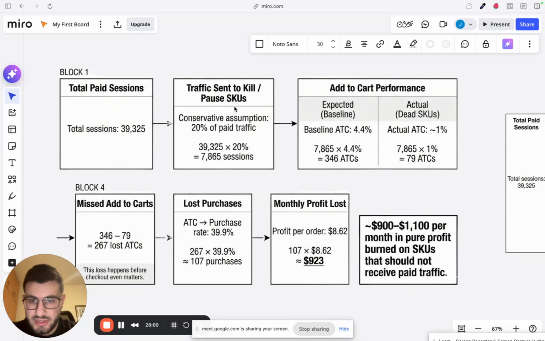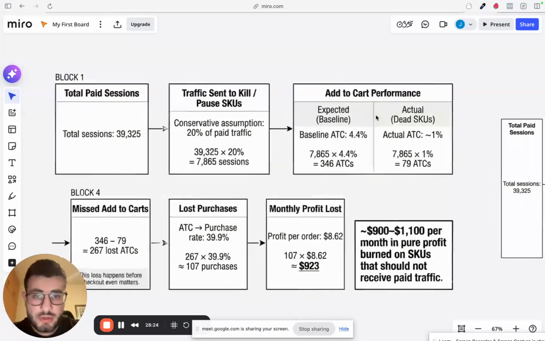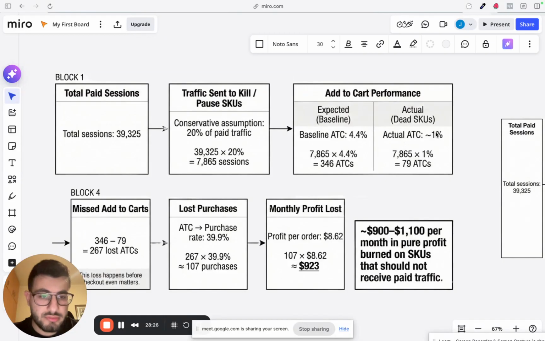So approximately, conservatively, actually, 20% of your traffic is going into those bucket A SKUs. So it's going to something that contains a drain instead of something that multiplies profit. Which is why your add to cart here is approximately 1%. The average add to cart rate for these bucket A products is 1% approximately.